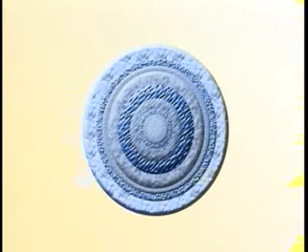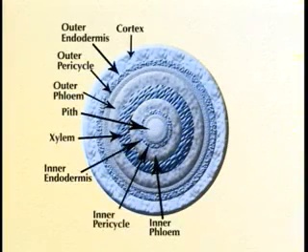During the other line of evolution, the modification of protostele was followed by the appearance of phloem on either side of the xylem. Likewise, internal pericycle also appeared. As a result, the siphonostele consisted of a central pith surrounded by internal endodermis, internal pericycle, internal phloem, xylem, external phloem, external pericycle and external endodermis.